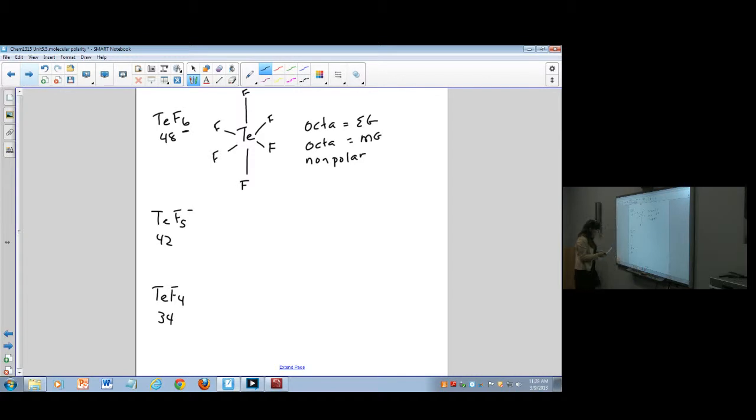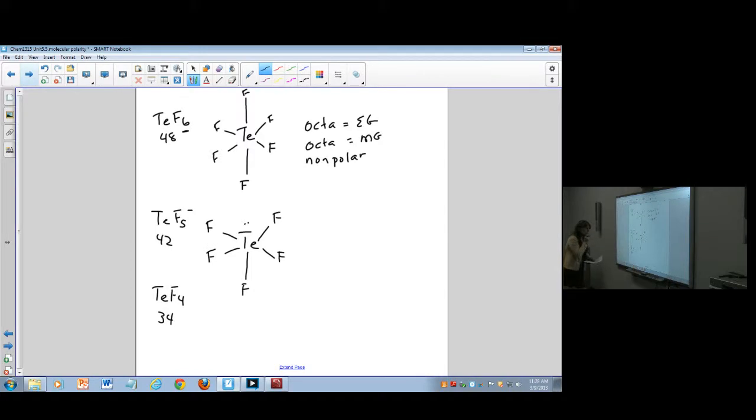All right, TeF5 minus has 42 electrons. You have to draw this Lewis structure, or else you may not realize that you're going to end up with a structure that looks like this.